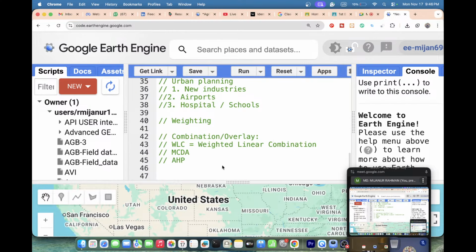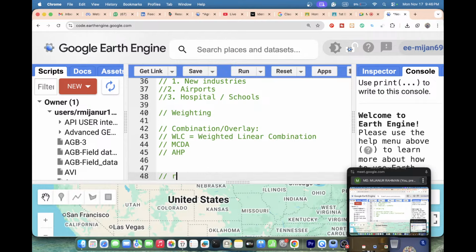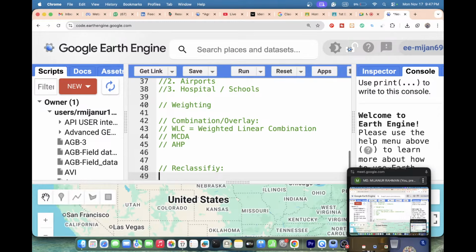So after creating the final score, then further we simply reclassify. Okay, so this is the final step, reclassify. In the reclassify section, final suitability we just simply divide. Suppose we created the overlay or combination of all the suitability scores, we put the reclassify. So in the reclassify we simply set, suppose, highly suitable region.